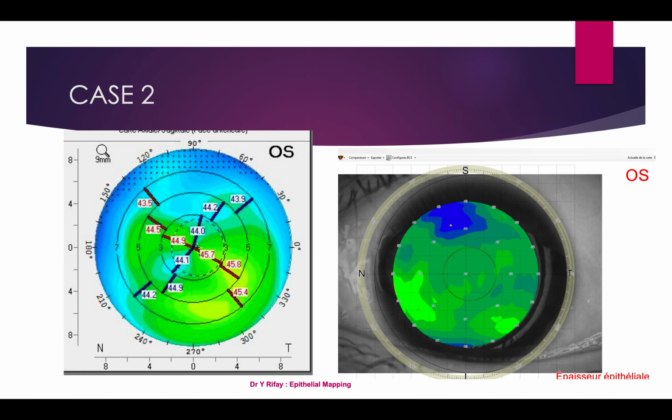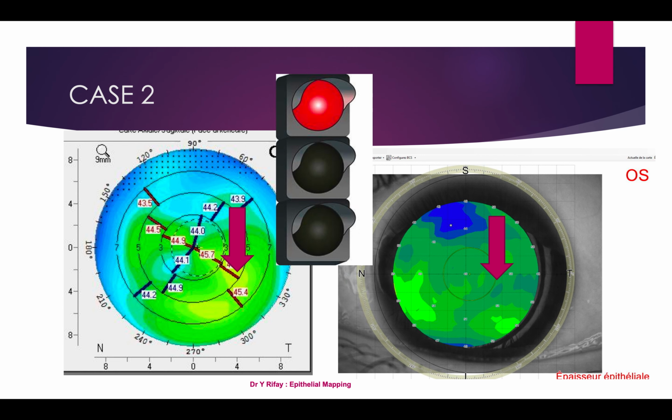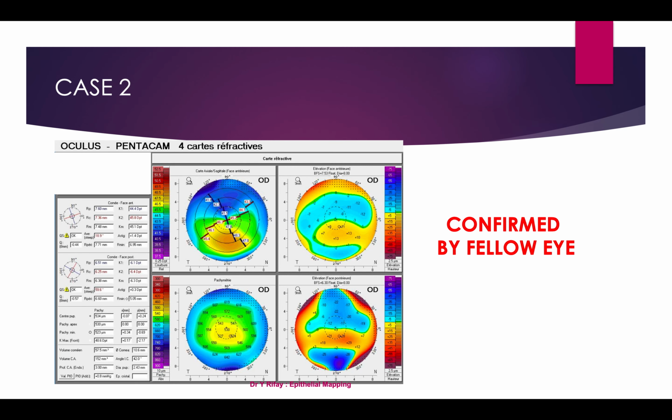But when we do the epithelial mapping and we look here in this area of steepening, we have a thinning. We have a small thinning that shows that it is an early keratoconus. And we know that it is really a keratoconus because the fellow eye is a confirmed keratoconus by the elevations and by Pentacam.